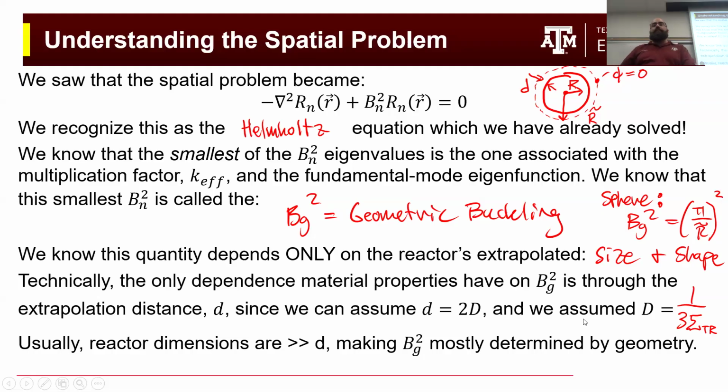So in that sense, the geometrical buckling does have a small material dependence, but generally, if you have a big reactor, then the dimensions of the reactor, this capital R, is going to be much, much bigger than this little extrapolation distance d. And so that means that BG squared is mostly still determined by geometry. If it's a large reactor, then it's almost entirely dependent on geometry. But the smaller the reactor gets, the more those material properties play some role in the BG squared.